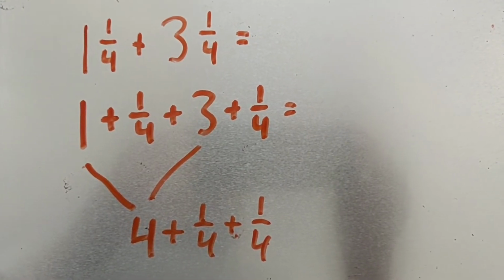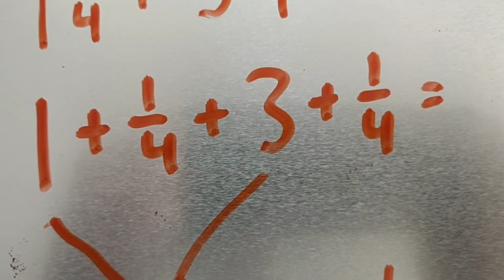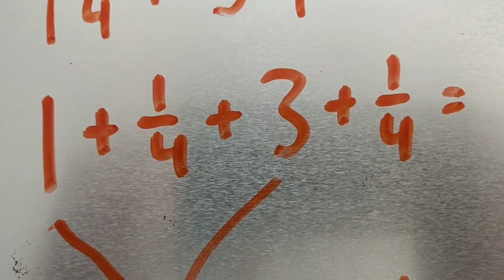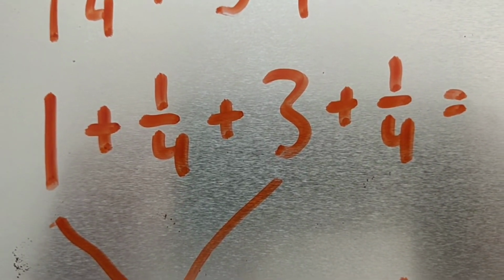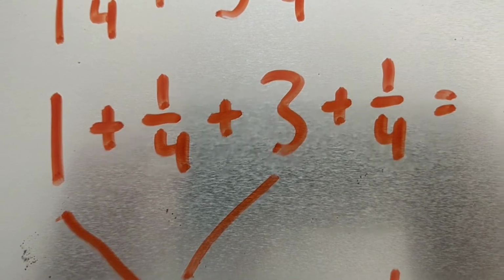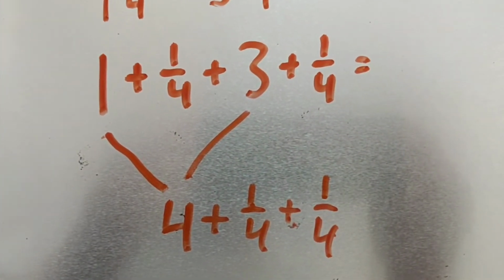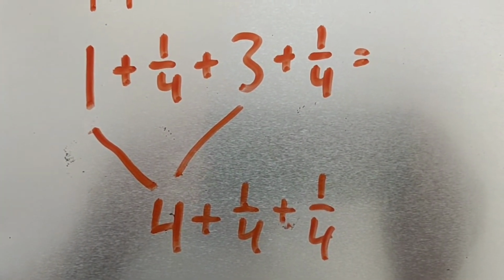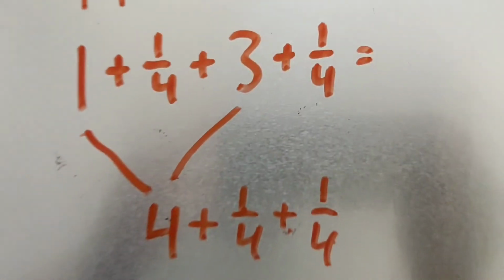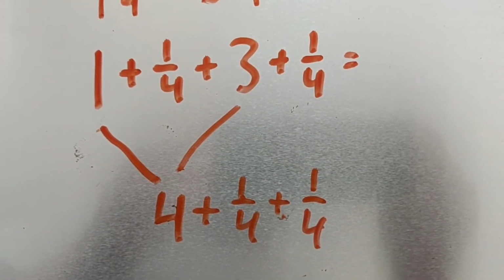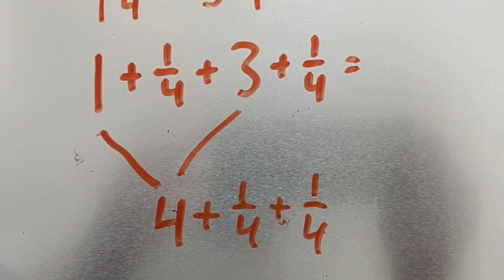And then, since it doesn't matter what order we add the numbers in, we can add the 1 plus the 3 first, which gives us 4, and then add the remaining 1/4 and 1/4. So we could express that as 4 plus 1/4 plus 1/4.